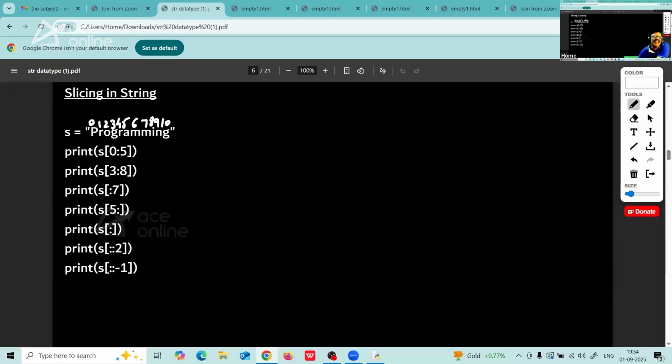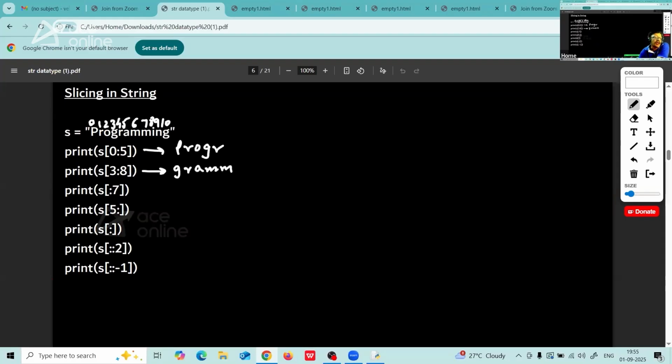Here the increment is clearly 1, so we are going from 0 to 4. The output will be PROGR, up to the 4th index. Okay, this is 3 to 7 and the increment is positive. The third index is G, then R, then A, then M, and then M. We have to go from 3 to 7.